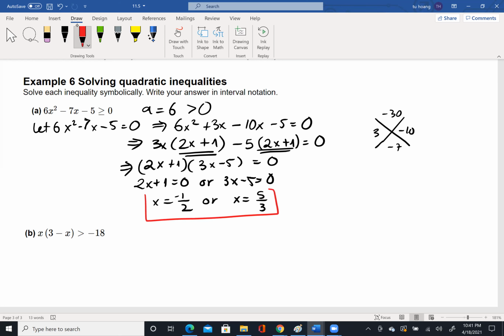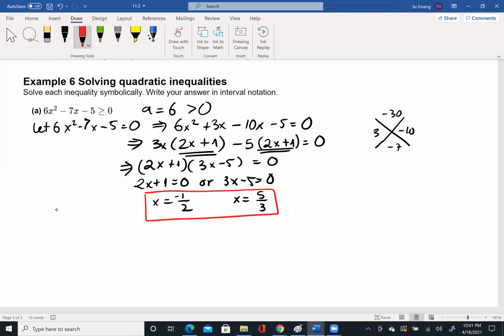Now I'm having a solution for the equation, but not the solution set for the inequality.